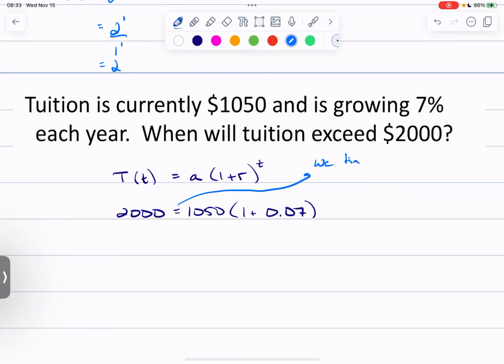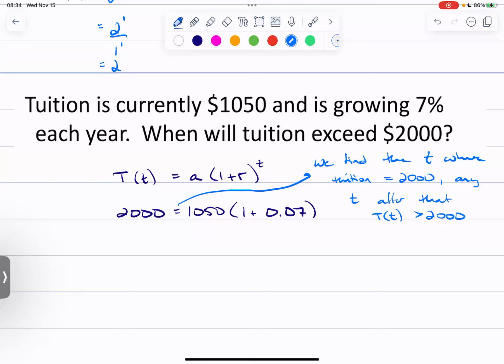We find the t where tuition is equal to 2,000. Any t after that, T of t will be greater than 2,000. It'll exceed 2,000. Oh, and forgot a key component, the t.